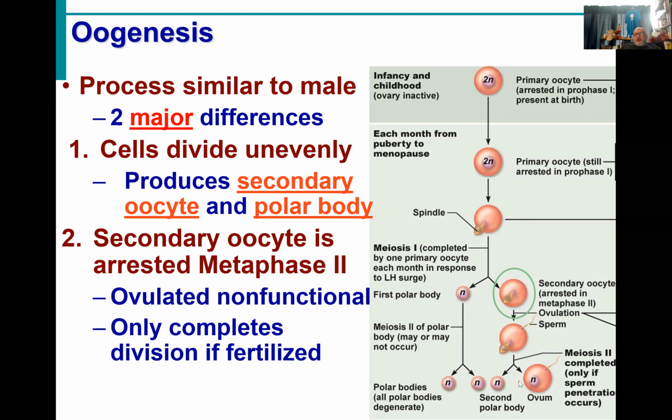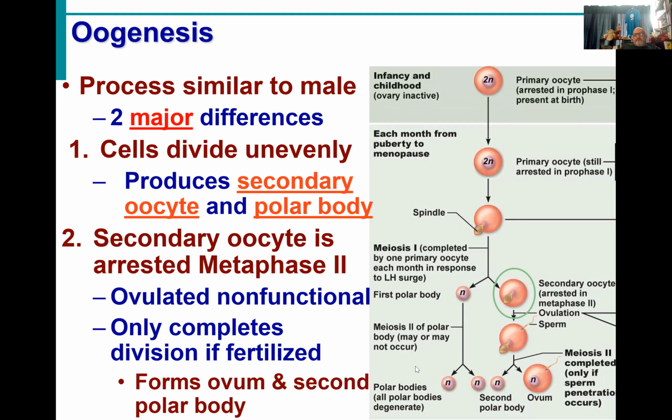If fertilized by a sperm, it completes meiosis, forming a mature ovum and a second polar body. That first polar body is capable of dividing. So technically, we still get 2 divisions, 4 cells, but only one of them is a viable gamete of those 4 cells that are produced.